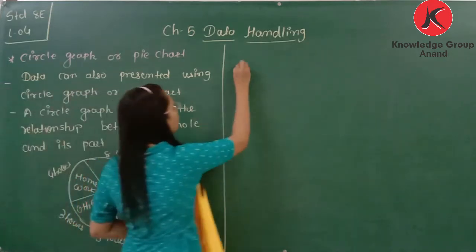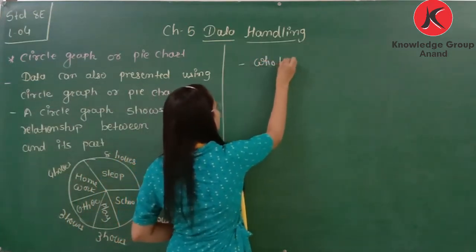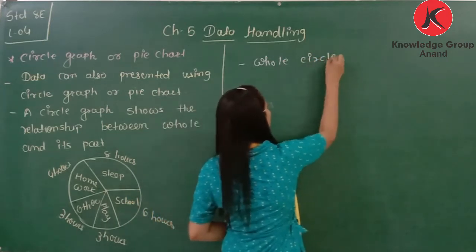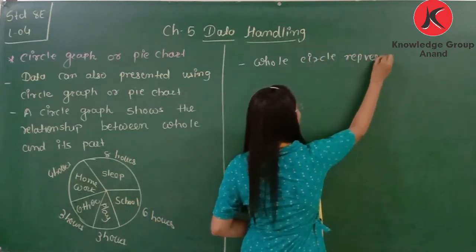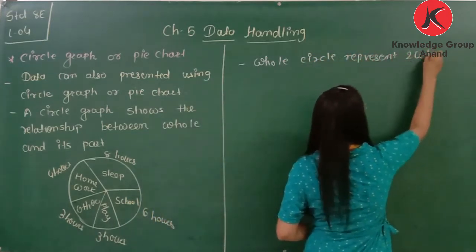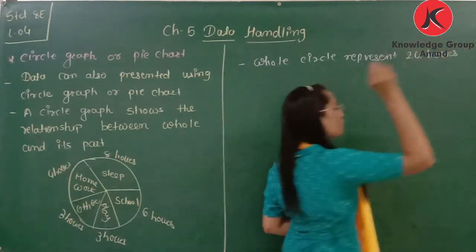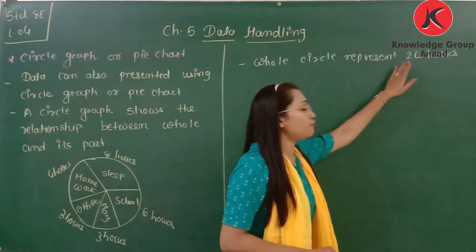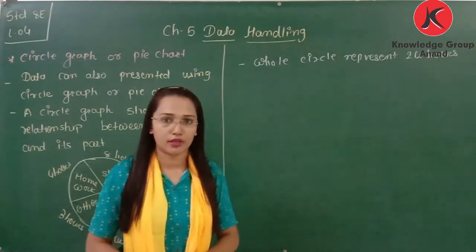So we can write: whole circle represents 24 hours. Now we divide 24 hours into different activities.